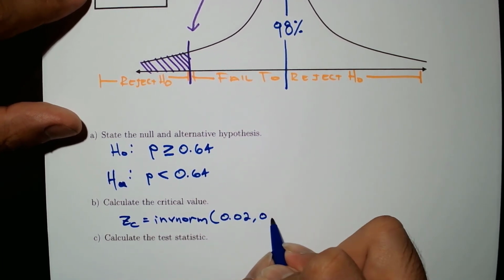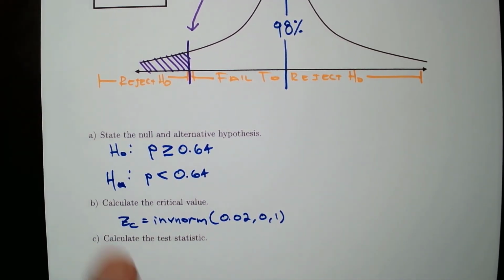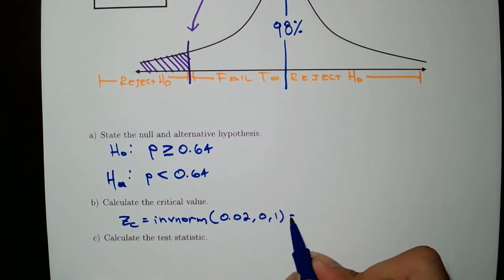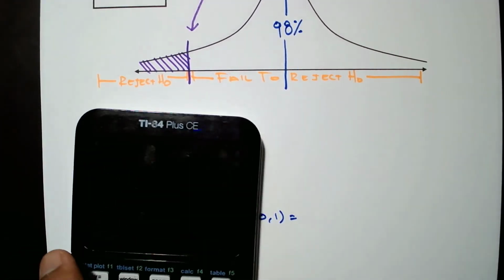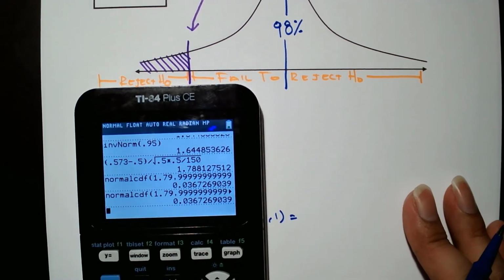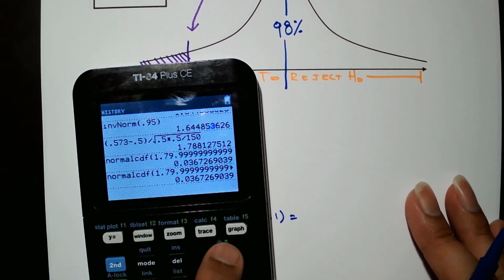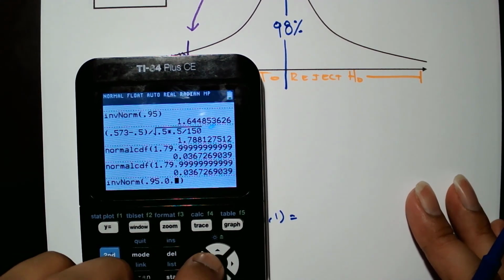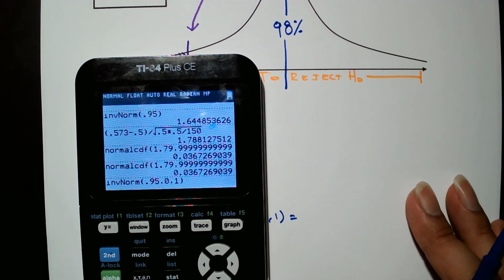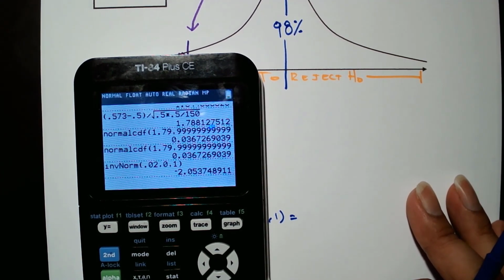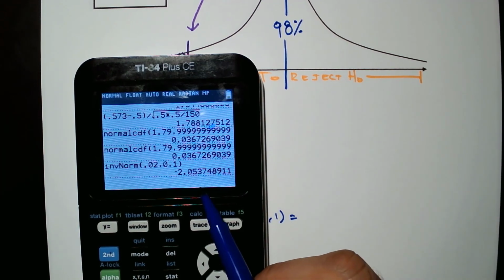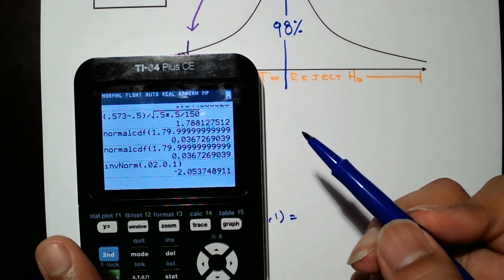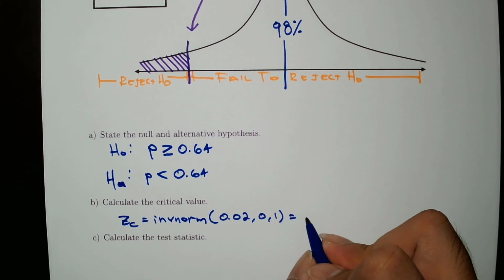I'm just going to write the 0 and the 1 if you will. Okay, let me go back in here. The good thing about this calculator is that instead of 0.95, I'm going to write 0.02. And I get negative 2.05. Well, the rounding rule is two decimal places.